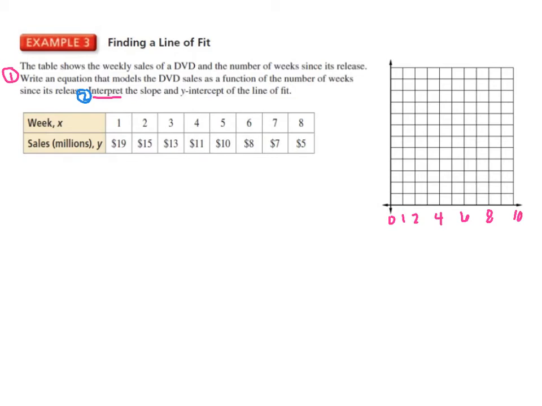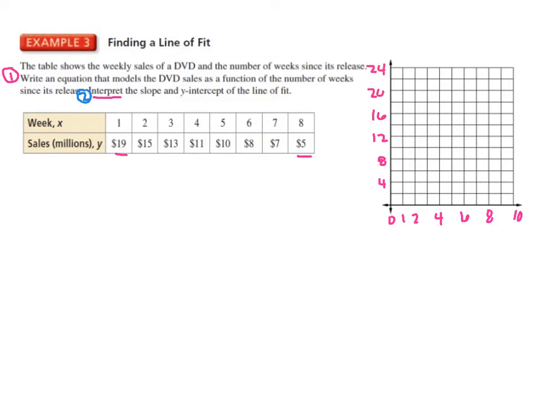And the lowest was 5 and the highest was 19, so I need to get up to 20. As long as I have 10 lines, going by 2 looks good. So I'm going to go by 2s, but I'm only going to label every other: 4, 6, 8, 10, 12, 14, 16, 18, 20, 22, 24.